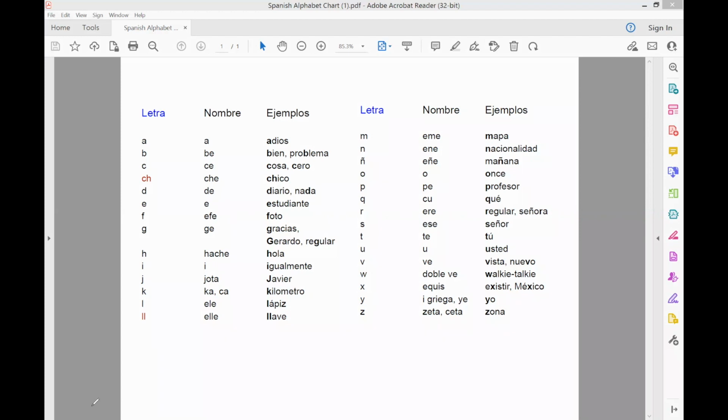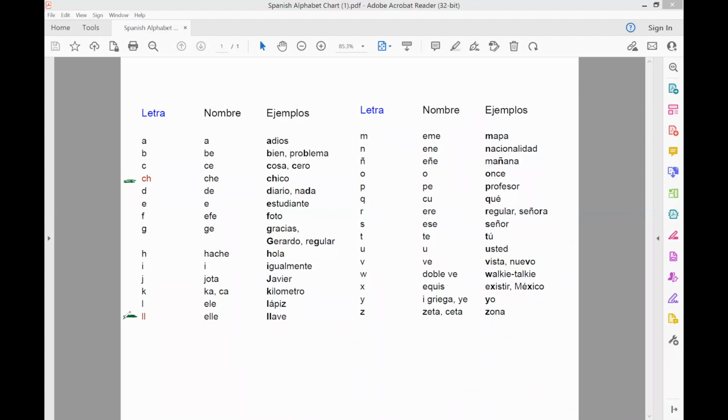Chico. So with the che, the CH, the Spanish alphabet used to have CH as its own letter, and also double L as its own letter. About 30 years ago in the 90s, the Academia Española decided to eliminate those two letters from the alphabet.